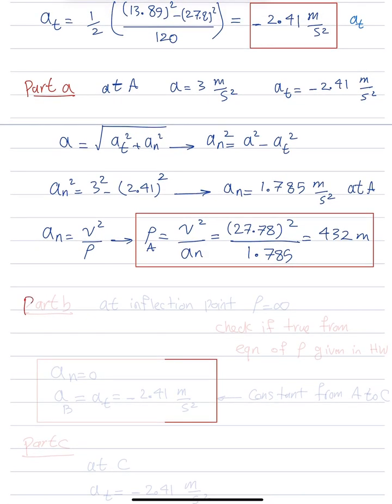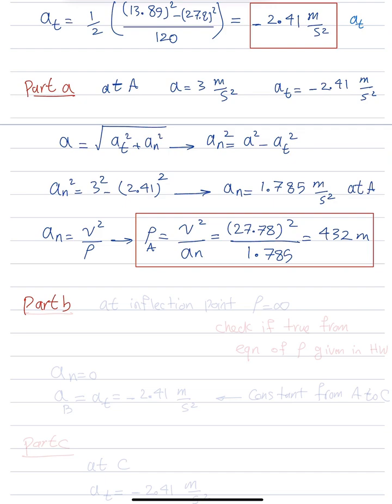Now let's do part B. Part B is asking us to find the acceleration at the inflection point. So this is interesting. At the inflection point, if you remember what an inflection point means, that's a flat surface.